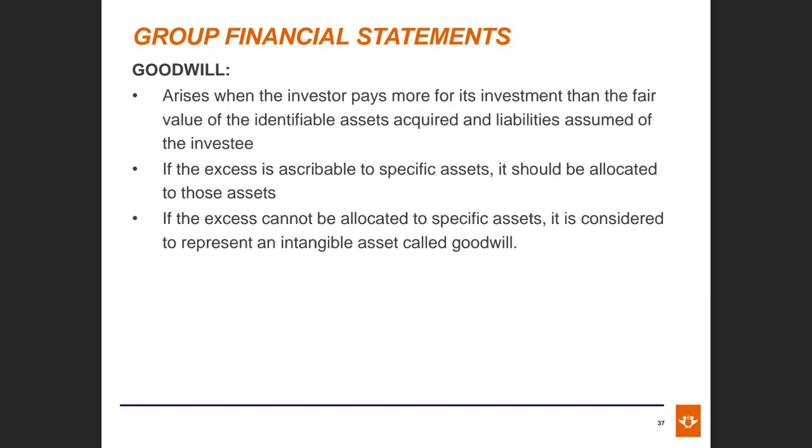The excess, if you can allocate it to specific assets that you are acquiring, should be allocated to those assets. But if the excess cannot be allocated to specific assets, it is considered to represent an intangible asset called goodwill. So in most cases where the acquirer is paying more than the fair value of the assets and liabilities acquired, this is going to result in goodwill.